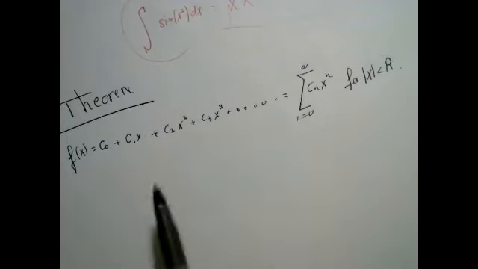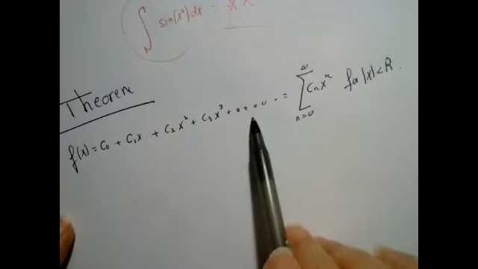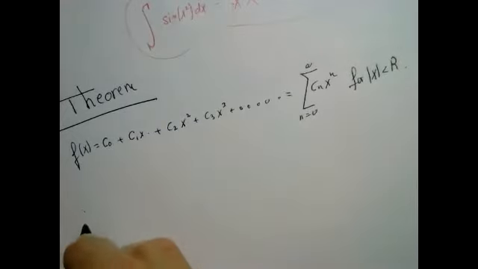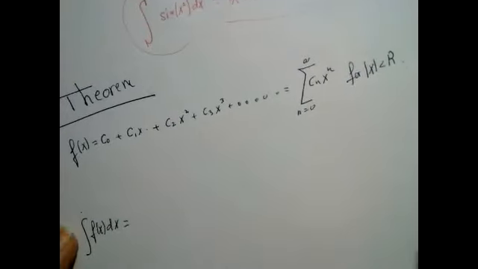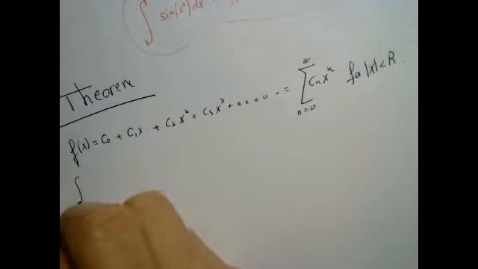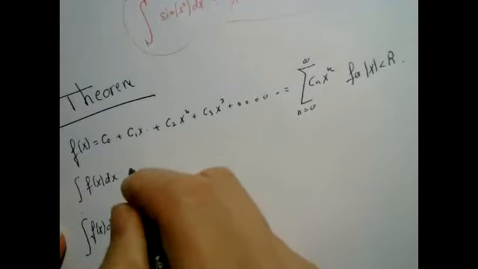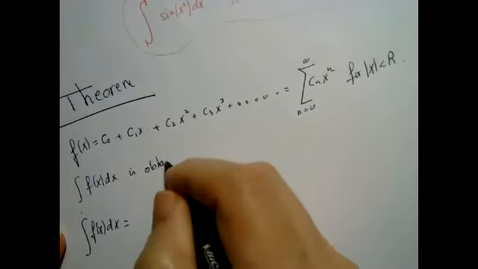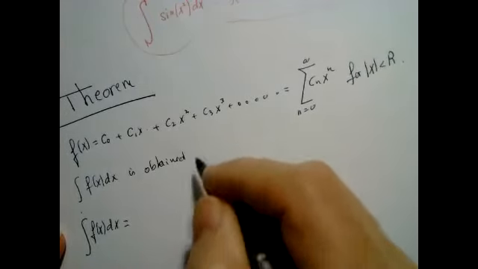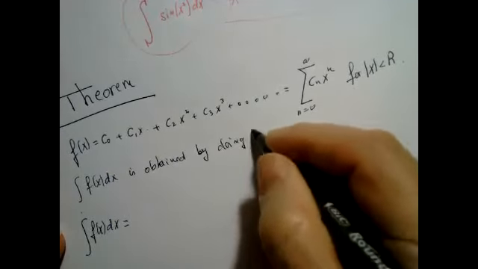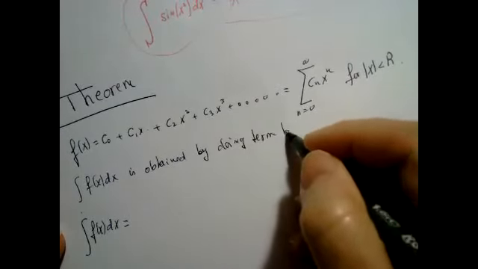Then we can integrate the power series, so we can find the antiderivative of f of x dx. The integral of f of x dx is obtained by doing term-by-term integration of the original series.